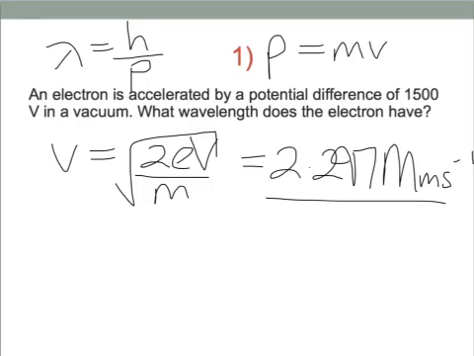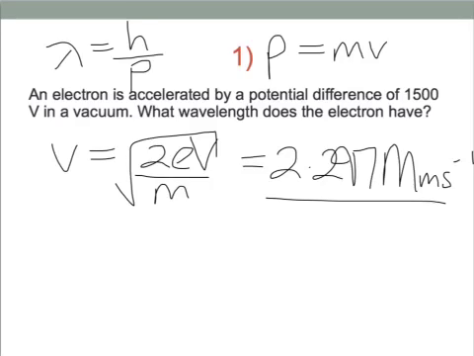So now we can calculate the wavelength, just multiplying this velocity by the mass of the electron. We get the momentum of the electron, and then divide Planck's constant h, which is 6.63 times 10 to the power of negative 34, by the momentum we calculate.